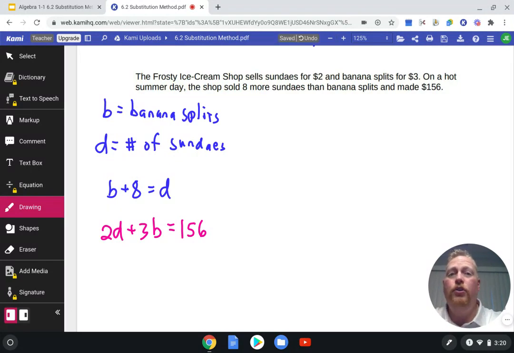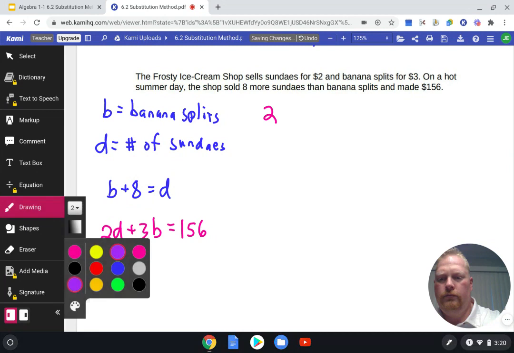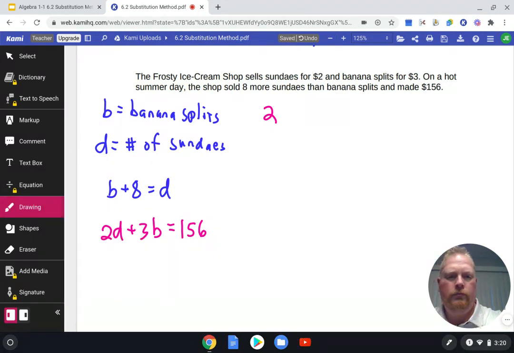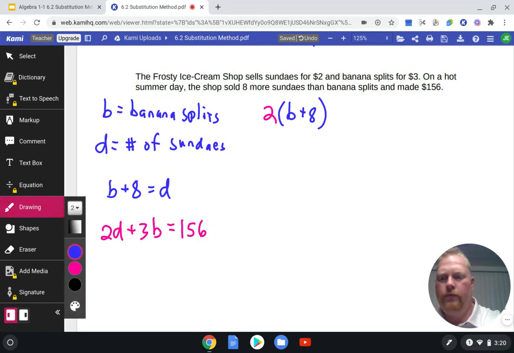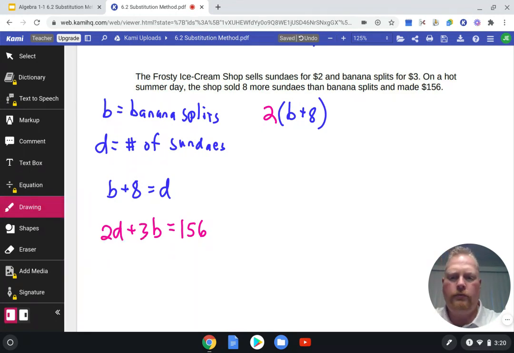So now let's go ahead and do our steps that we just learned. Step 1 is done for us. I already have D by itself. So I'm going to come down to this equation, and where D is, I'm going to replace it with B plus 8. Then I'll distribute.